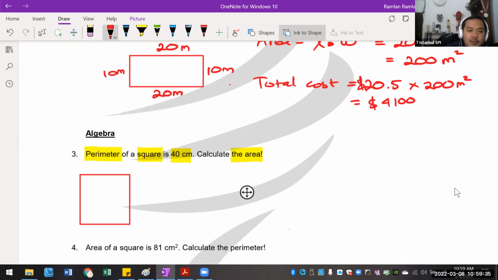So I'm going to write P equals 40 centimeters. And the thing that we're looking for is the area. So first thing first, what information do we need to calculate the area of this square?